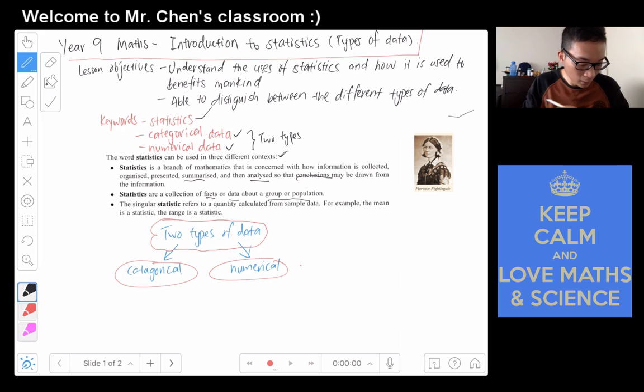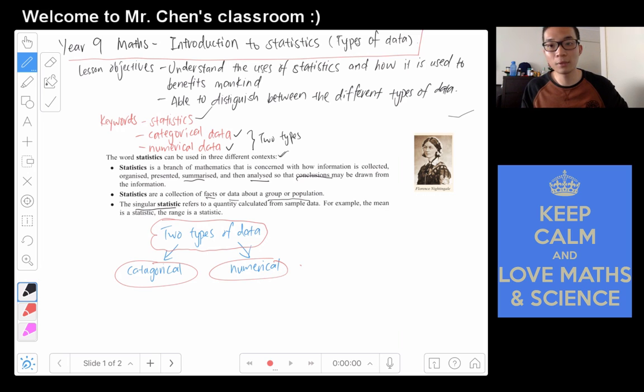And the singular statistic refers to a quantity calculated from sample data. For example, the mean is a statistic. So for those who don't know what the mean is, the mean is the average of a set of data. And the range is a statistic.